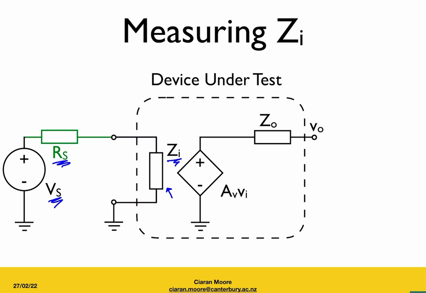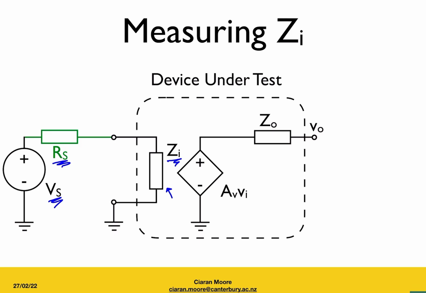Before we connect the series resistance Rs to our circuit, we're going to measure it very carefully with a multimeter so that we know the value of the resistance of Rs very well.